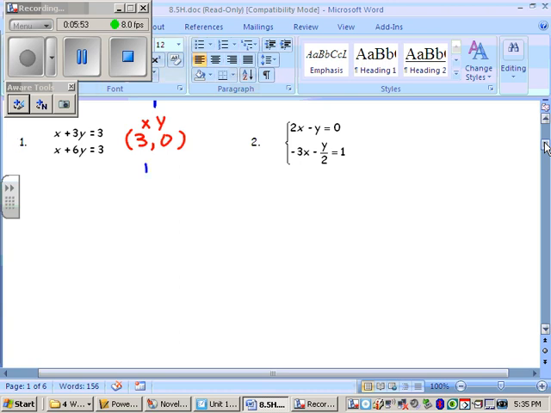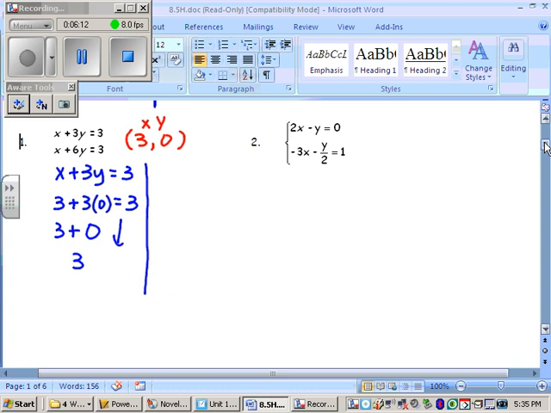So as we plug in the solution back into the two equations, in the first equation, we will plug 3 in for x and 0 in for y. We will then simplify the left side of the equal sign, which would be 3 plus 0, or 3, drop down the right side, and make sure that they are equal.